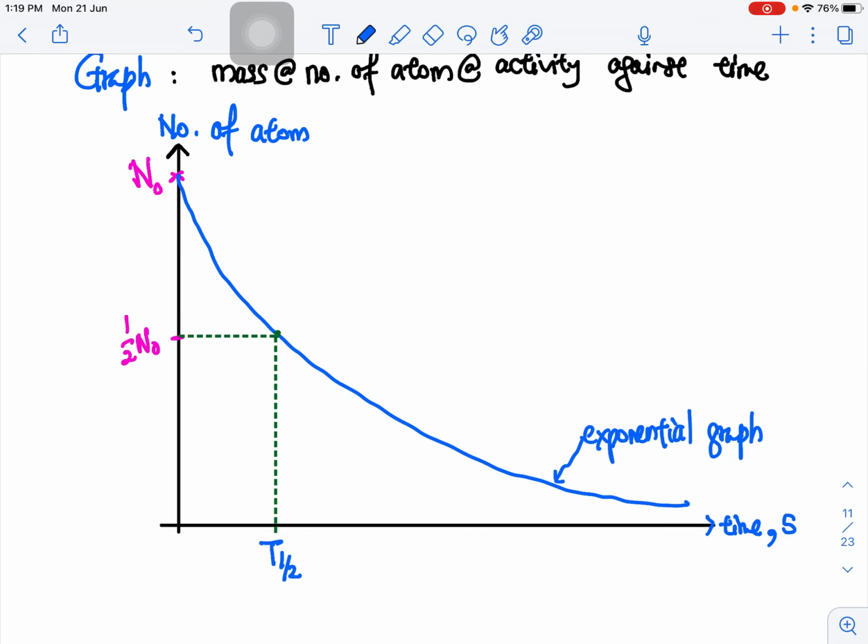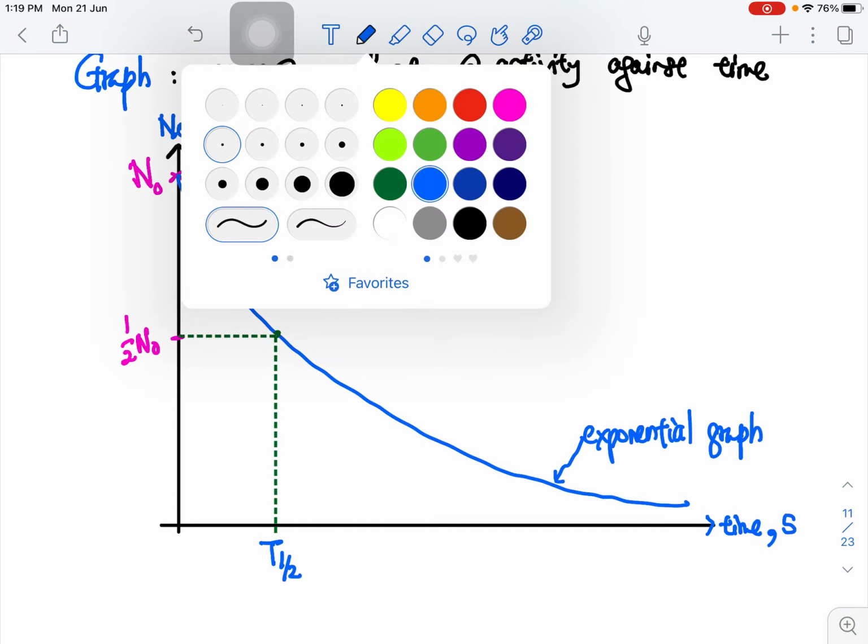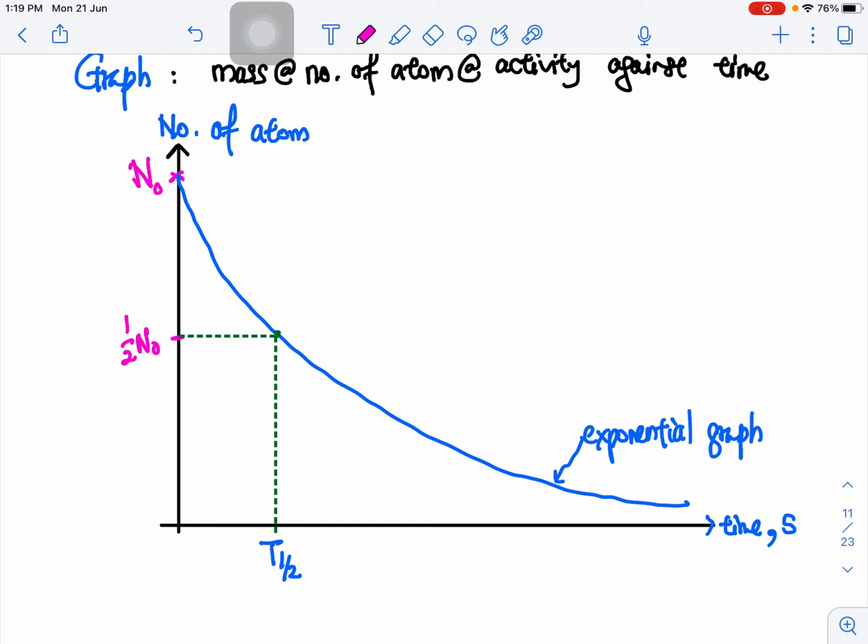Okay, if we don't get the exact value of the half-life from our graph, we can use the next half-life. The next half-life is half of half N0, that is 1/4 N0.